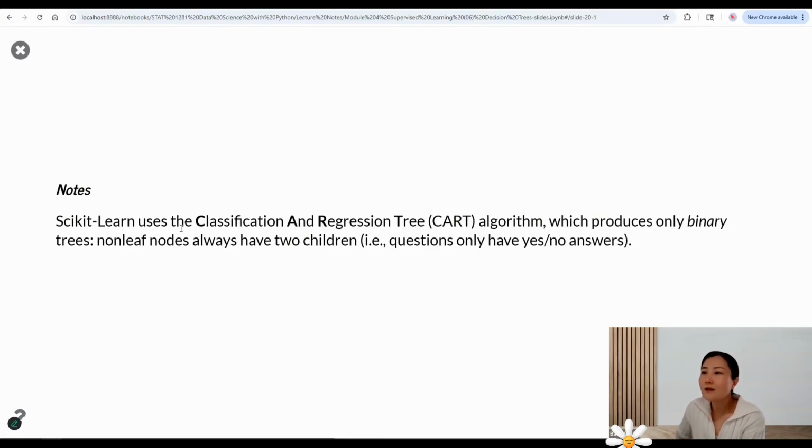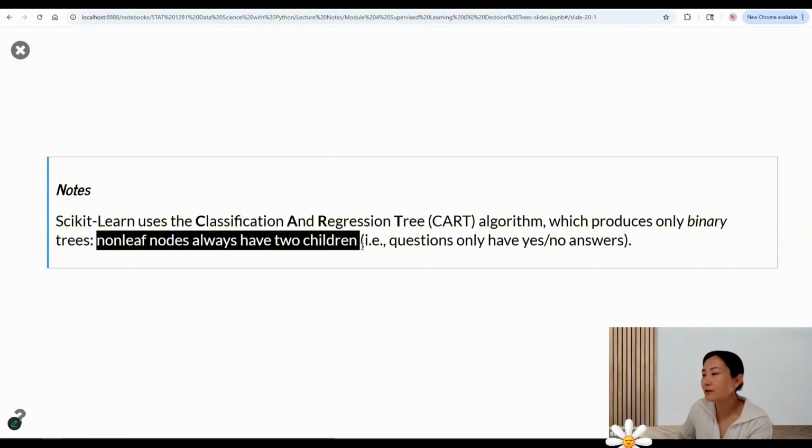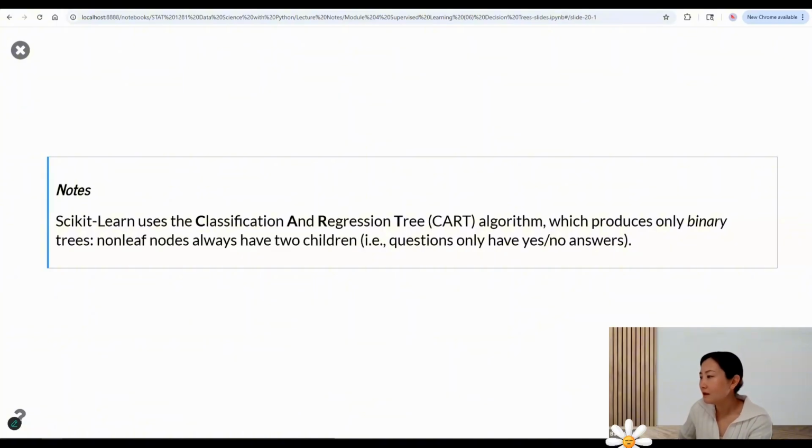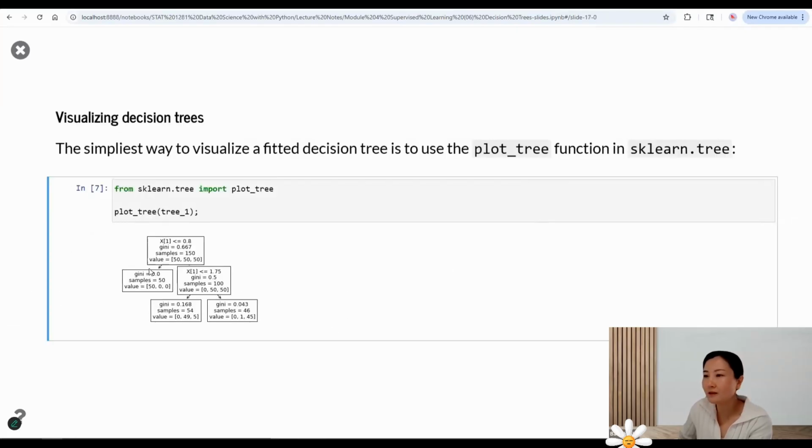And note, scikit-learn uses the classification and regression tree algorithm, the CART algorithm, which produces only binary trees, which means non-leaf nodes always have 2 children. If you take a close look at the decision tree we just created, you see at each node, it will split the node into 2 subsets only.